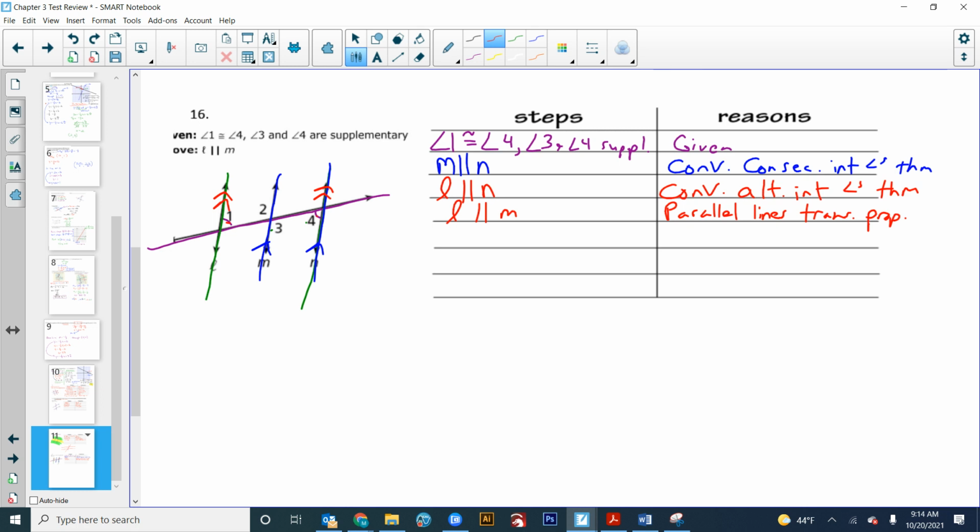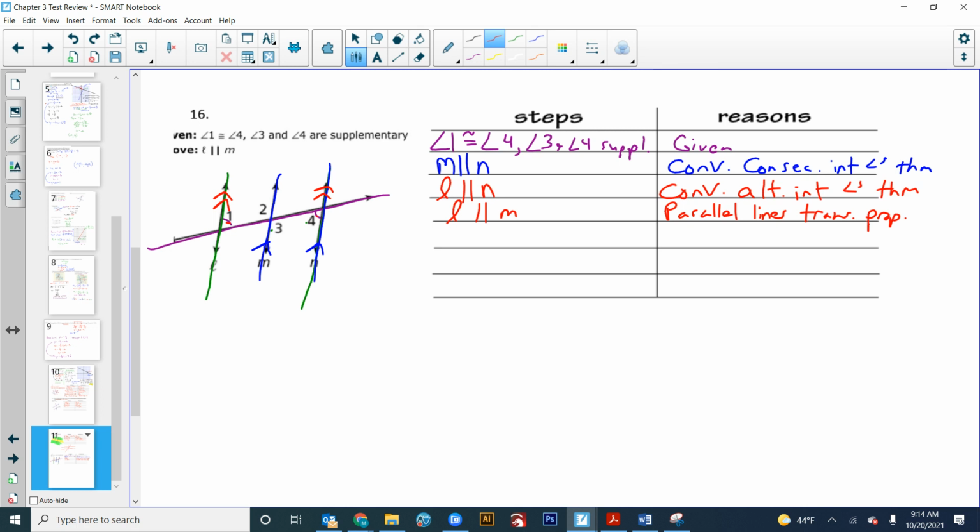Why not? Why can't I, at any point here, say 1 plus 2 equals 180 because they're consecutive interior angles? Christian? It doesn't say that. We don't know that L and M are parallel. Perfect, right? But what if you got there through a substitution? Then you could say the lines are parallel, right?